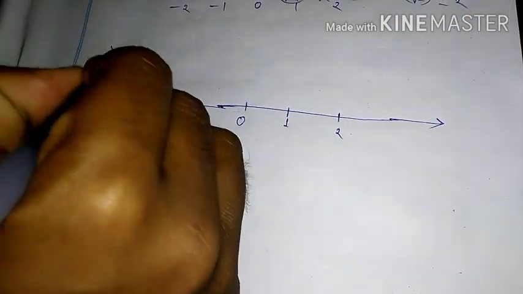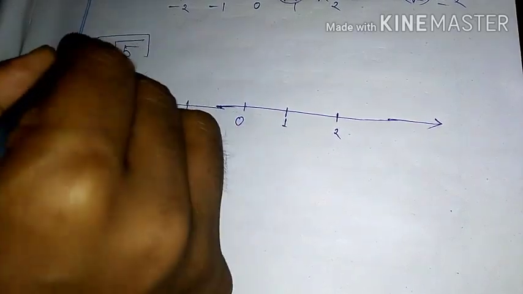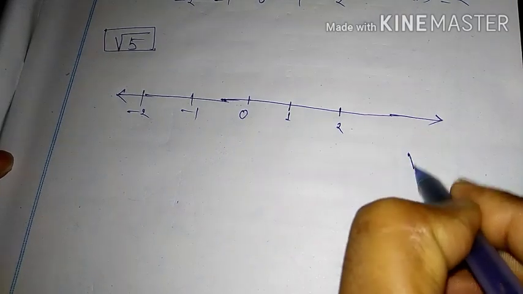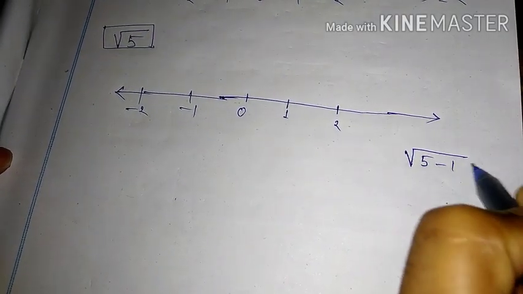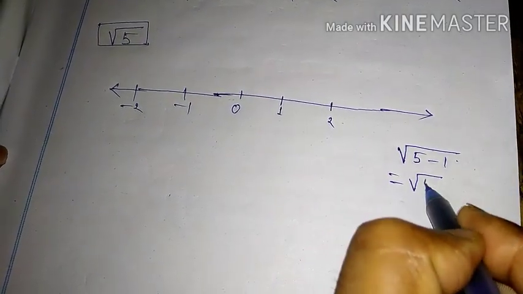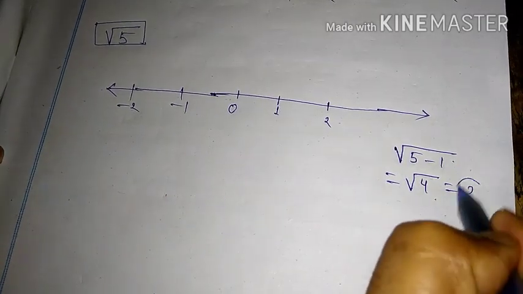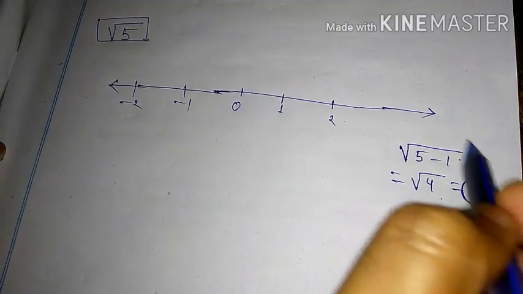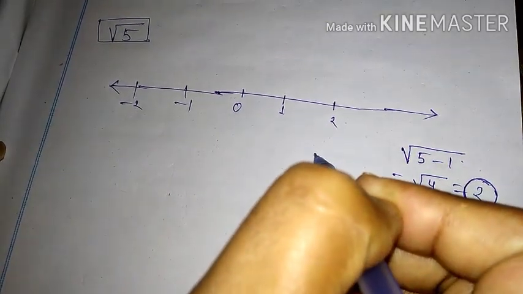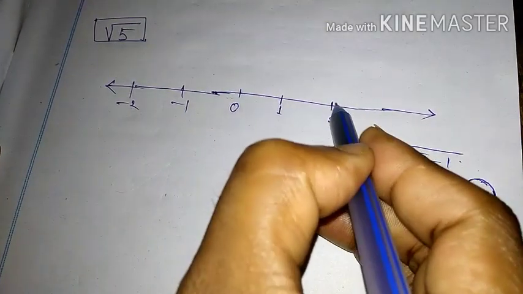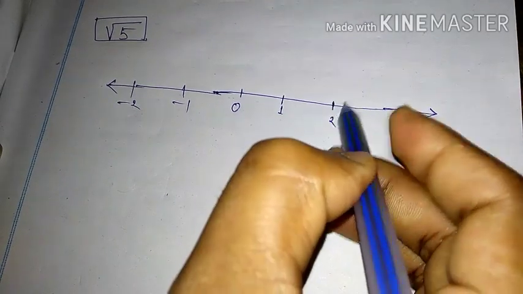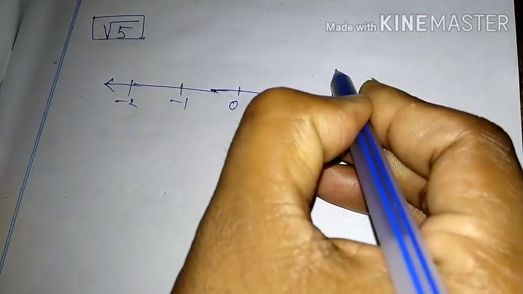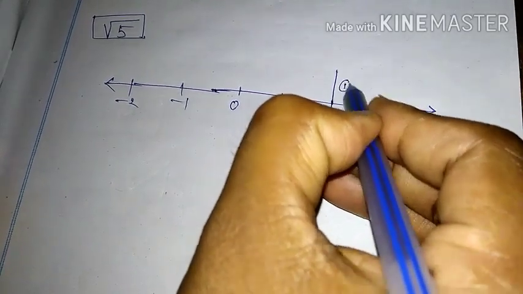Similarly, if you want to locate root 5 on the number line, first locate root of 5 minus 1, which is equal to root 4, which is equal to 2. So first you have to locate 2 on the number line, then you can locate root 5 according to that note. Now draw a perpendicular of length 1.